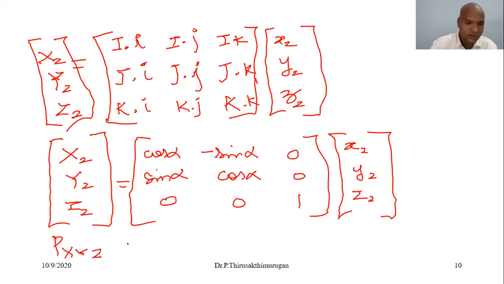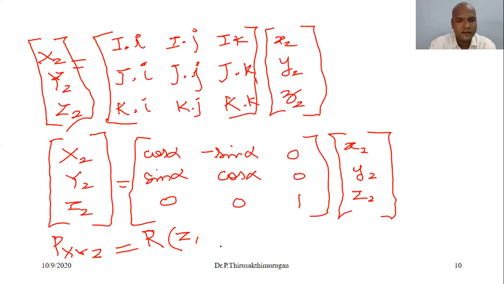This equal to rotation of Z axis. Sorry, here also I made a mistake. So I represent Z alpha. Okay, leave it. So here we consider alpha as the angle of rotation about the Z axis. Right.